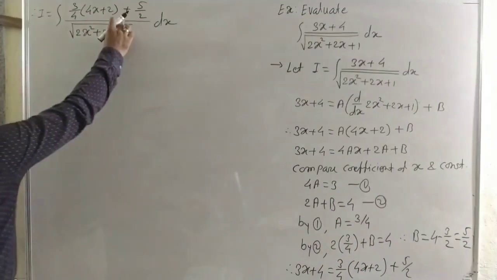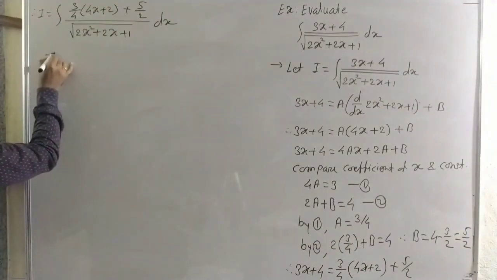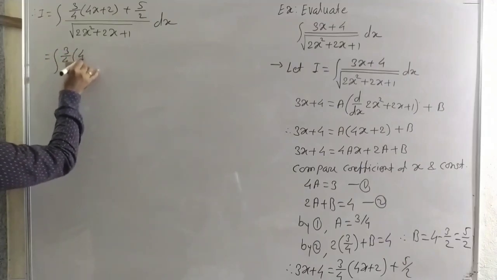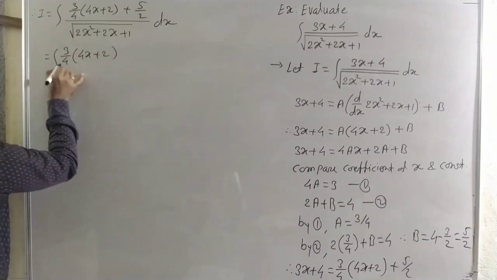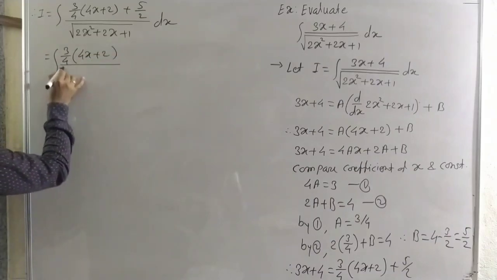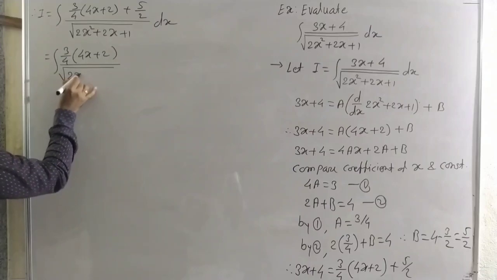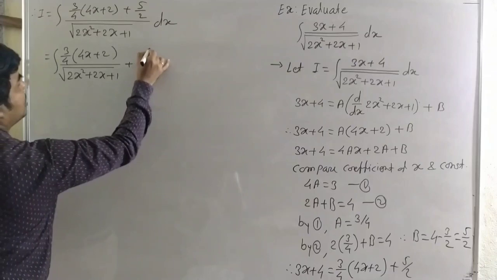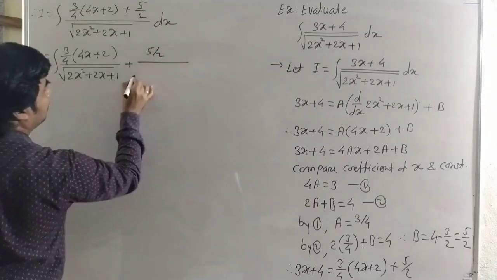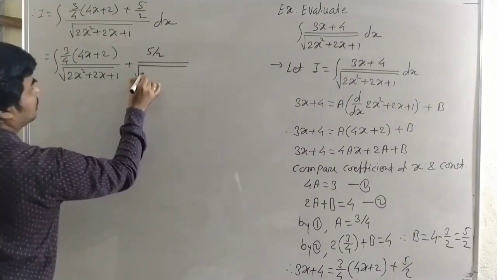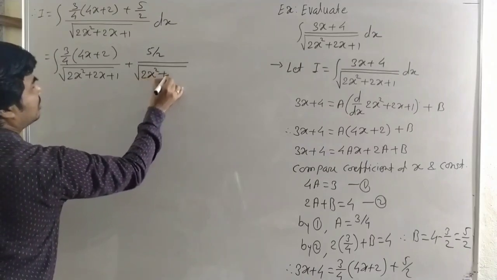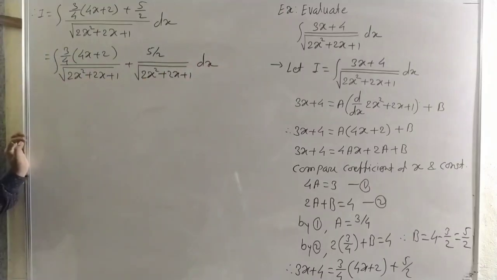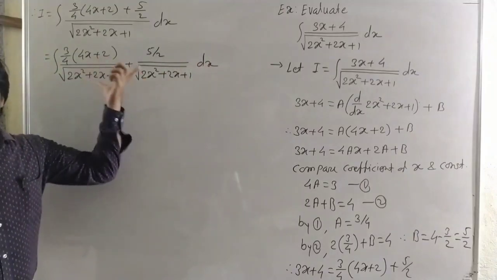Okay, now this is a plus, separate the denominator. Integral of 3 by 4 into 4x plus 2 upon under root 2x square plus 2x plus 1 plus 5 by 2 upon under root 2x square plus 2x plus 1 dx. Here we can only separate the denominator.